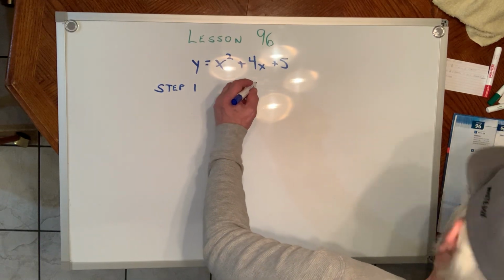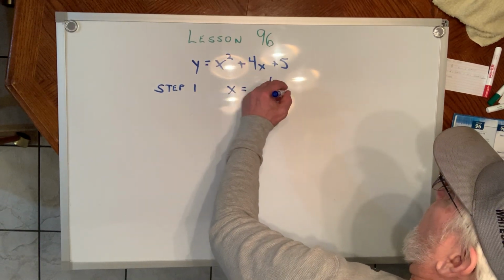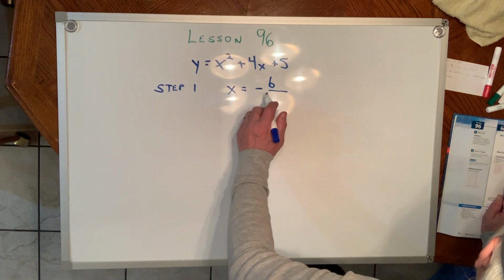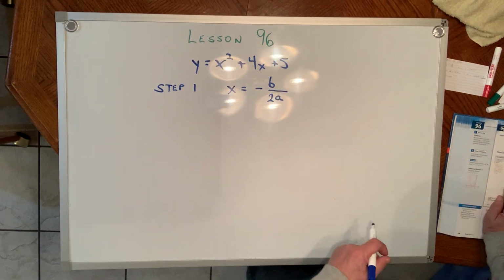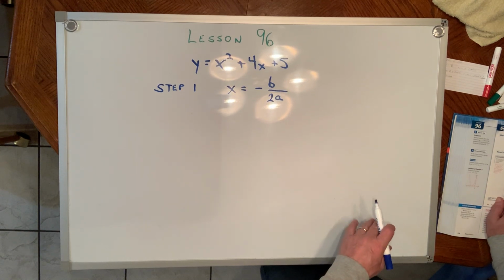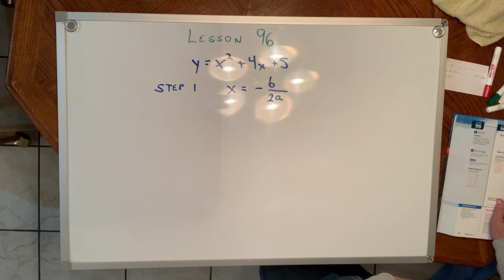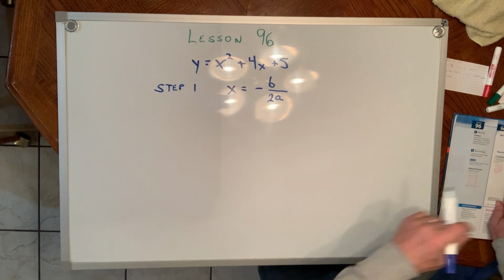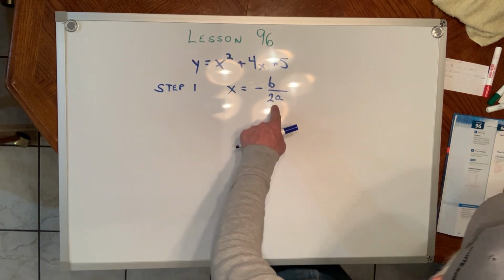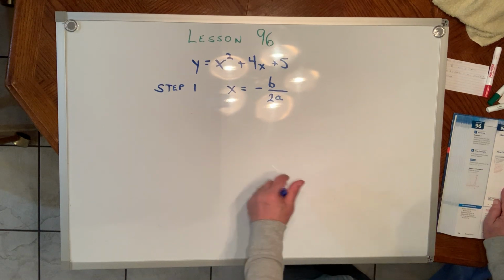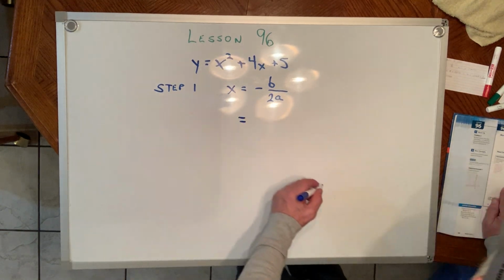X equals negative b over 2a. Now remember, I told you the negative sign can technically go anywhere. So sometimes they say negative b if they drop the negative sign down there. Doesn't matter. All right, so now we are going to take the information that we have from this equation and plug it into this equation. And let's see how well you remember where we find these different things.